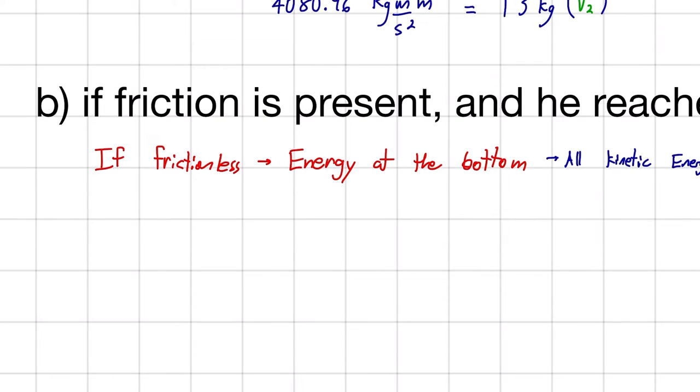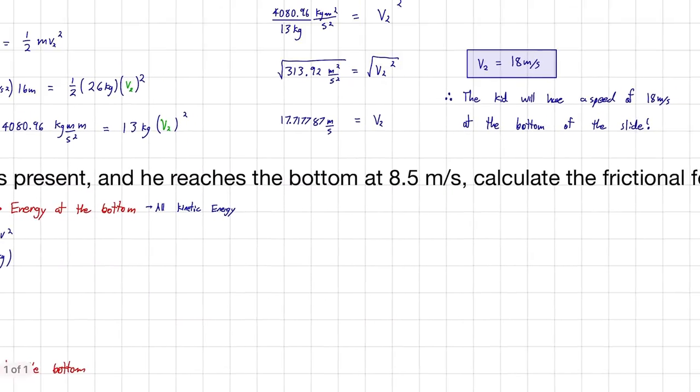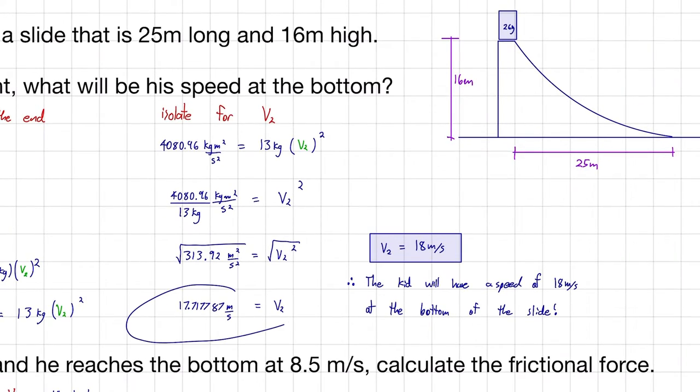Okay, so what's his kinetic energy at the bottom? Well, it's 1/2 mv squared. So 1/2, and his mass is 26 kilograms. And what's his speed at the bottom if there's no friction? Well, that's the value we found here.